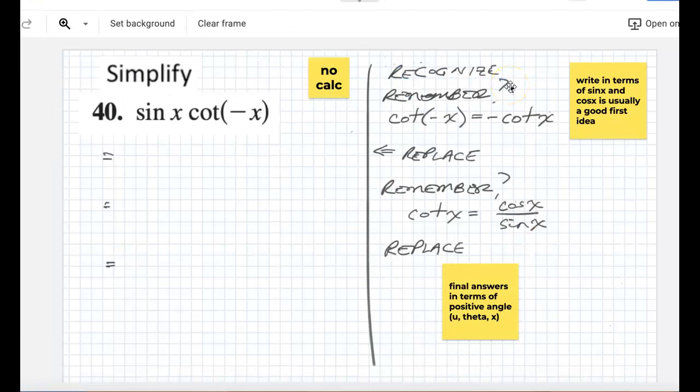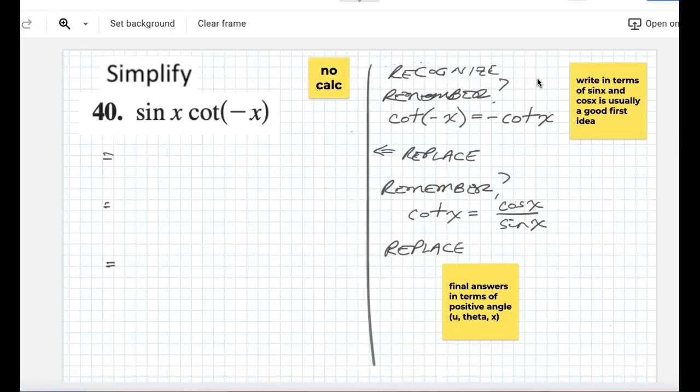Okay, here's an example. It comes from number 40 in our textbook. What I've done here is to thread in some of the homework problem sections, but the even ones. So once again, it's recognize, remember, and then replace. Just as a hint, because we're really new at this process, it just says simplify. What you're looking to do is, do you recognize anything? Do you see how you can replace anything? And then when you get to that next step, do you recognize any more?